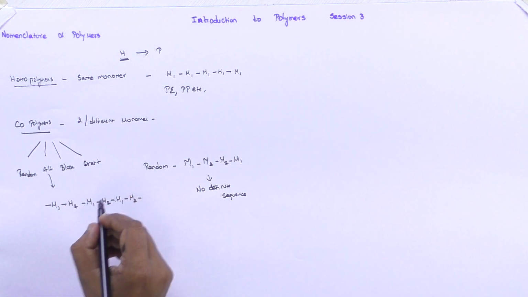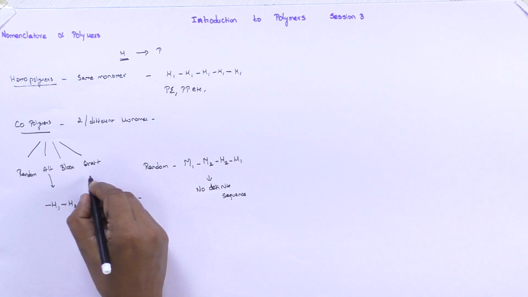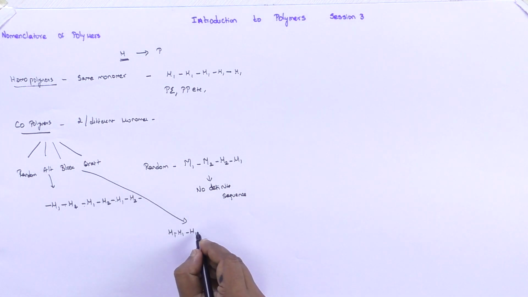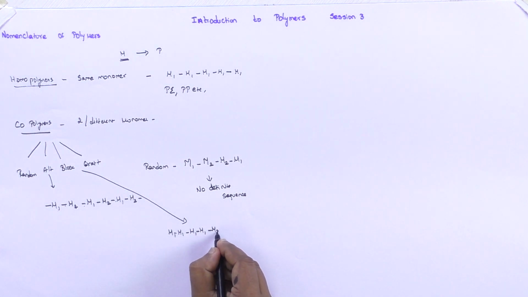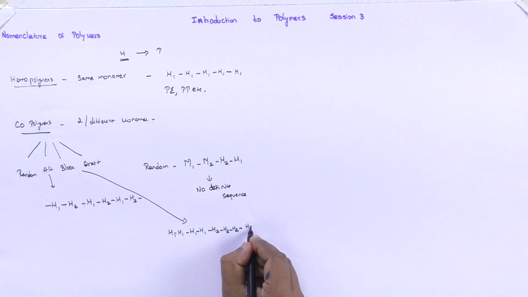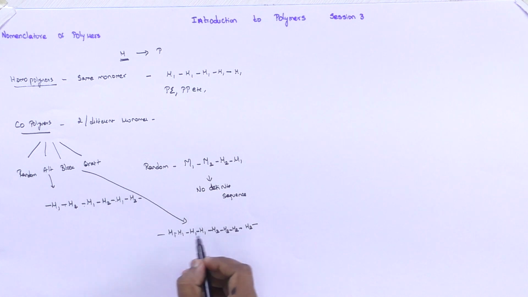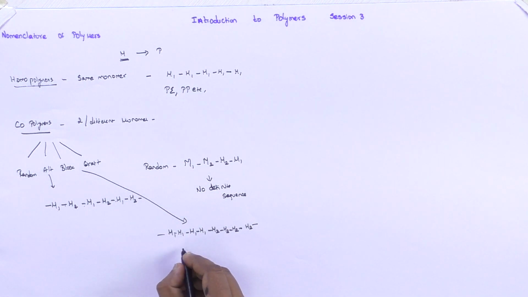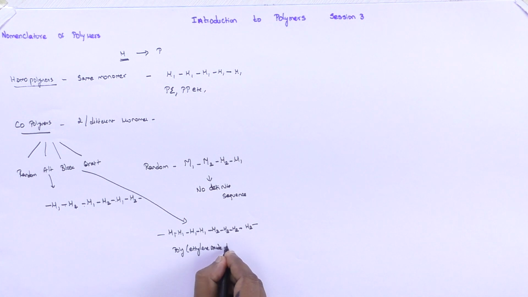Next we have block, where blocks of one monomeric unit are arranged followed by blocks of the second monomeric unit like this. The repeat units will be like this, one block and the second block. Example is polyethylene oxide-b-propylene oxide.